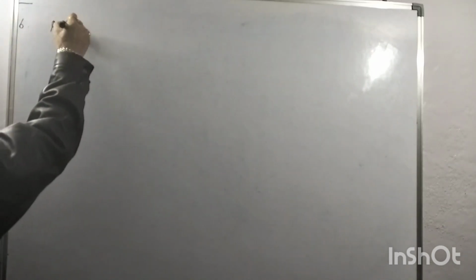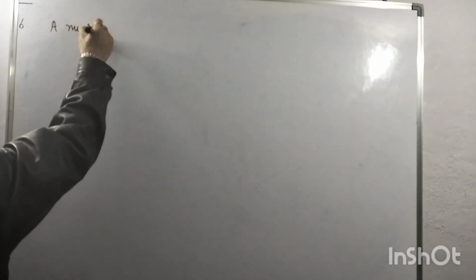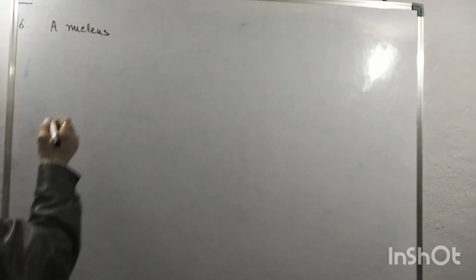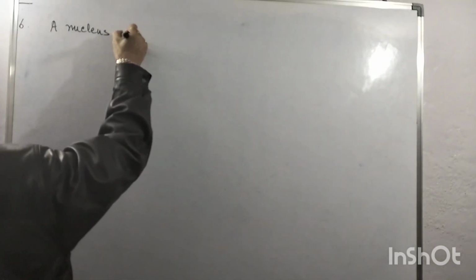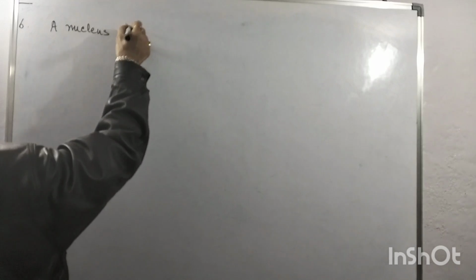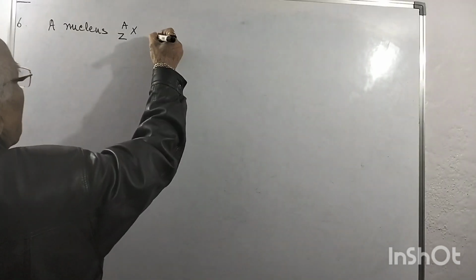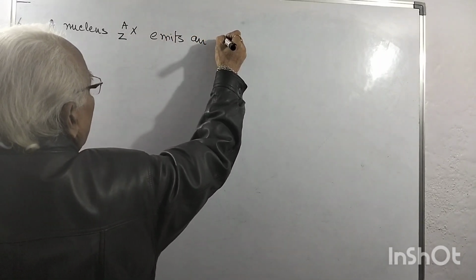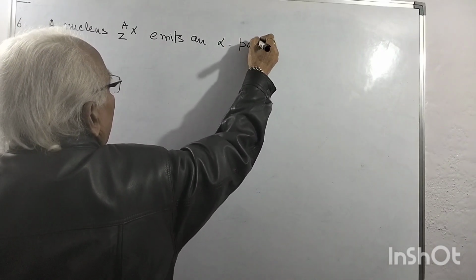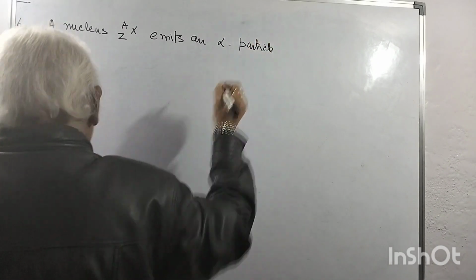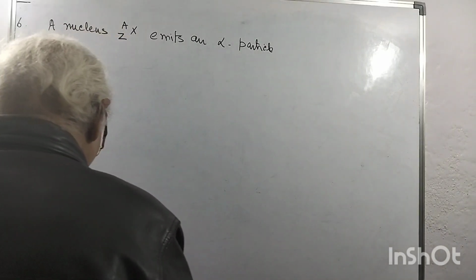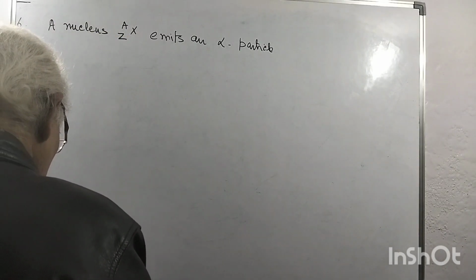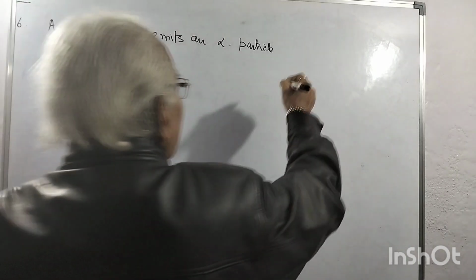Okay? Now next is a nucleus ZAX. A nucleus emits an alpha particle, and the resultant nucleus emits a beta particle.